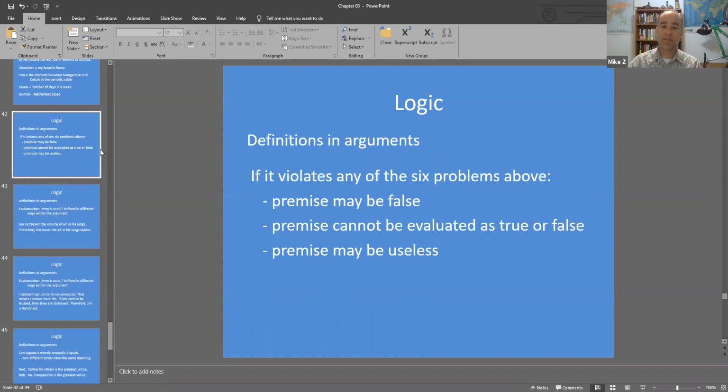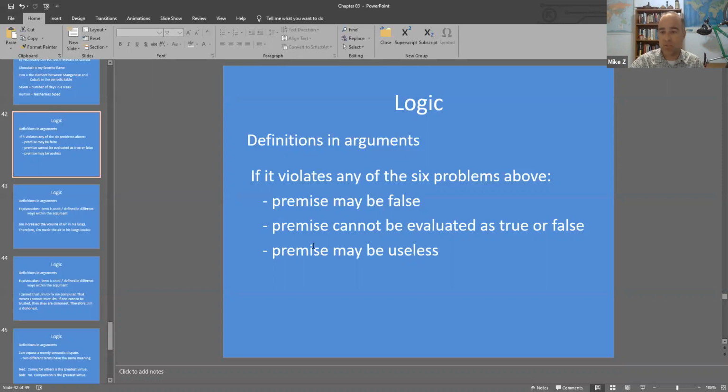Okay, so if a definition that shows up in an argument violates any of those 6 problems we were just talking about, then it makes it very difficult to assess the quality of the argument. First of all, the premise might just be false, but it could also be that we can't evaluate it as being true or false, like the figurative language ones, where it's all this fancy vocabulary, and we're like, I have no idea what you're talking about, so we can't even evaluate that.